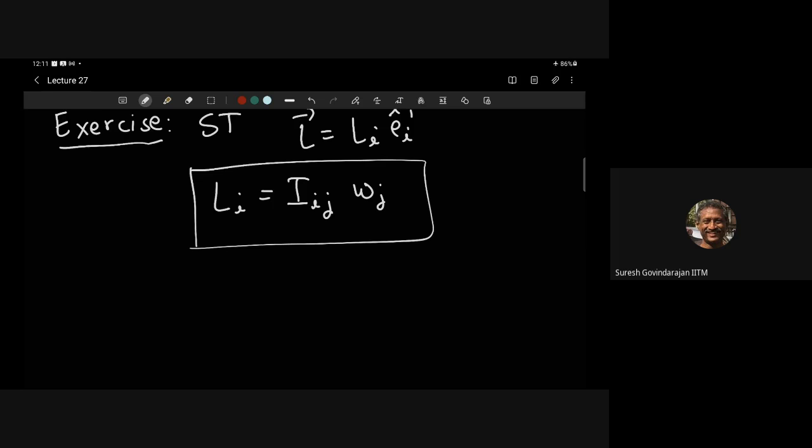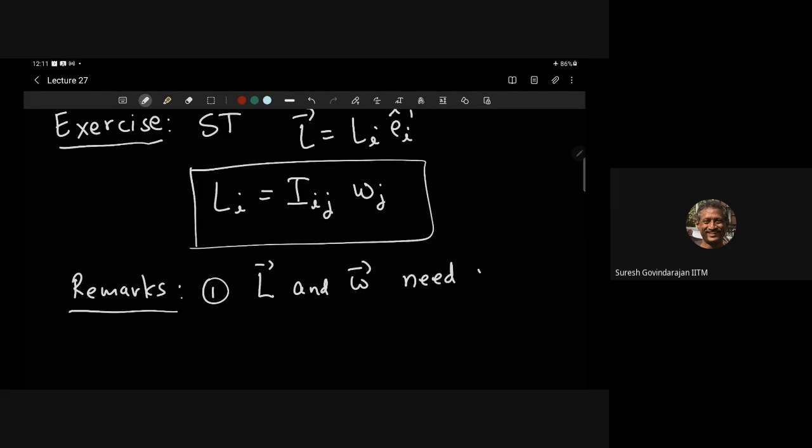So let's take this formula and ask the following thing. So some remarks. Okay, first remark is that L and omega need not be parallel to each other.